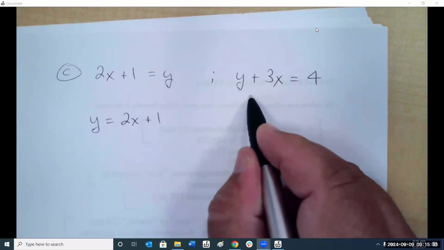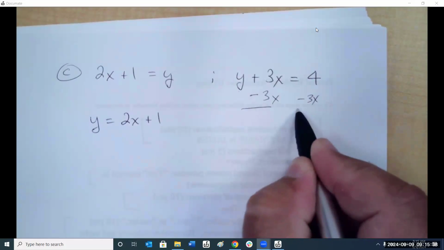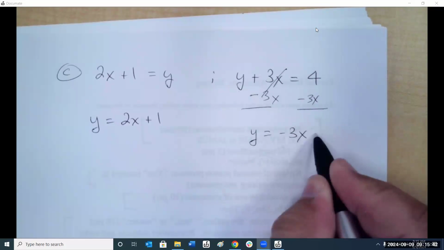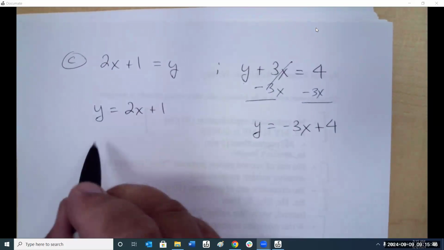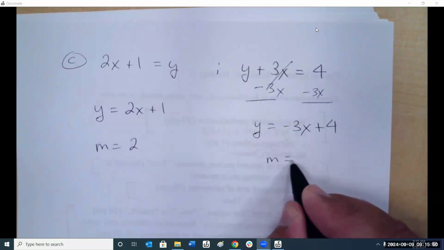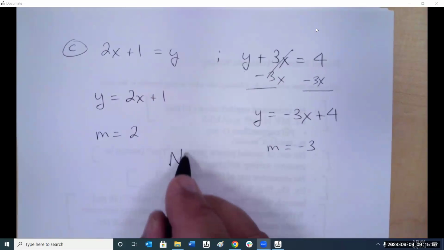To get the y by itself, we subtract 3x. y equals negative 3x plus 4. The y's are by themselves. What's the slope here? Are they the same? No. Are they negative reciprocals? No. So it's neither.